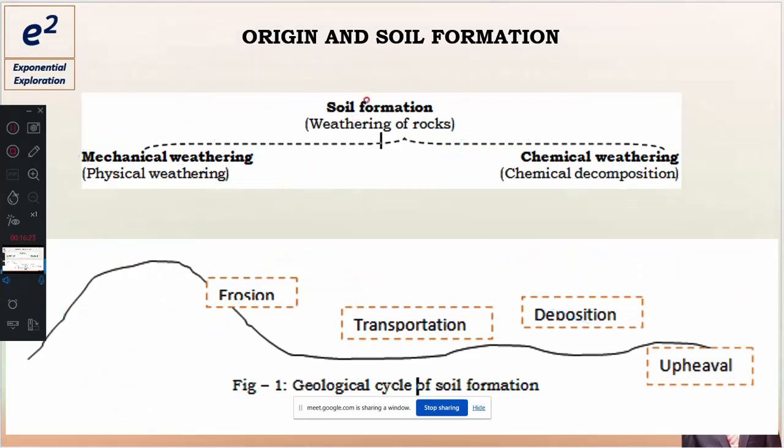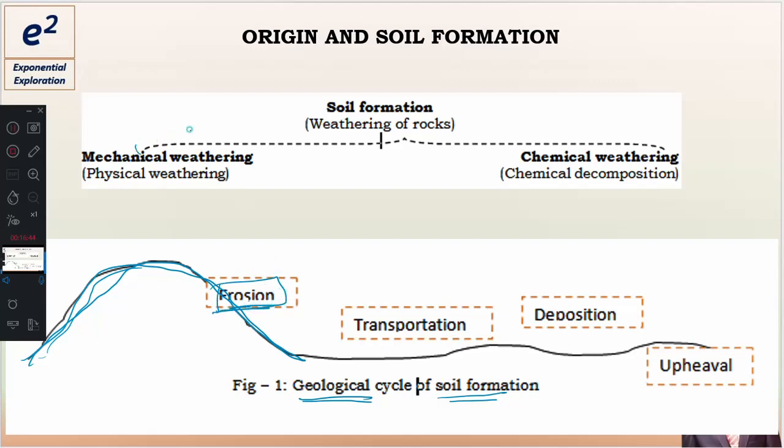By considering all these points, here it is explained the geological cycle of soil formation. Initially, you will be having a rock, a hill made up of rock, and here weathering will take place. It might be a chemical weathering or a mechanical weathering. After that, there will be erosion of the soil.